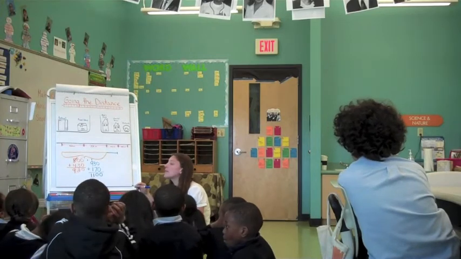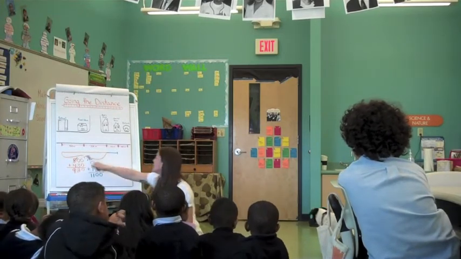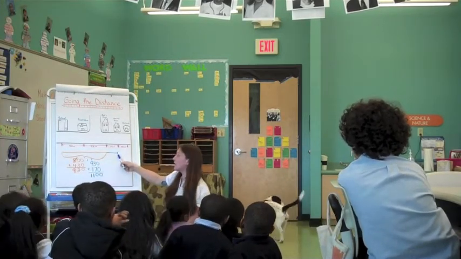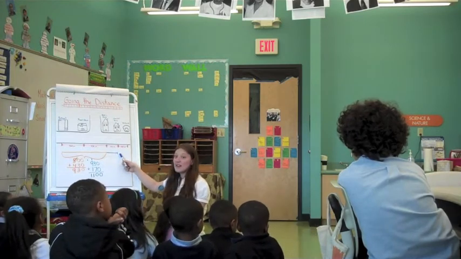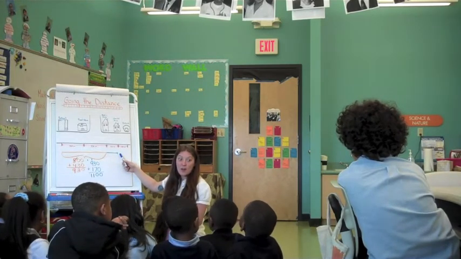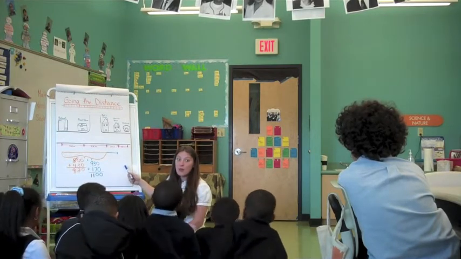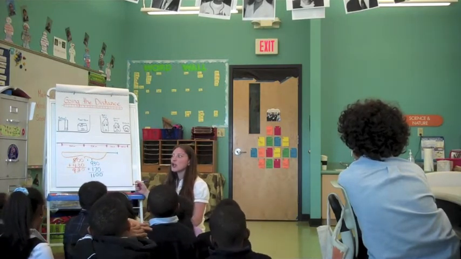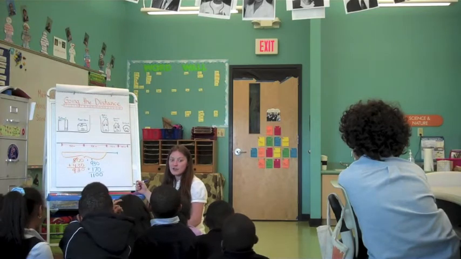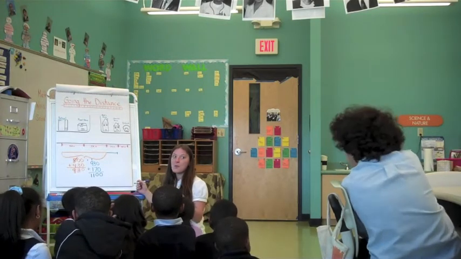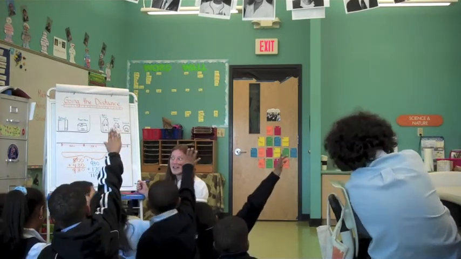Now, we know how long it is from school to Charles's house. Let's find out how long it is from school to the ballpark. Say we want to go the distance and take a field trip to the ballpark. How would I find that answer?